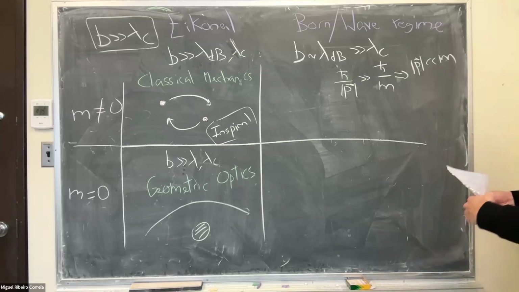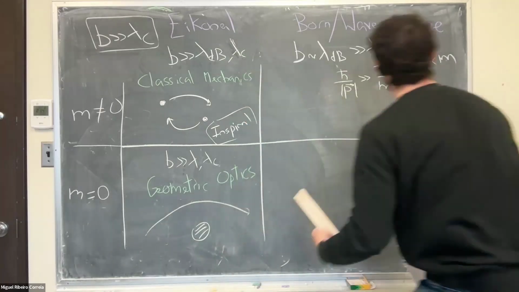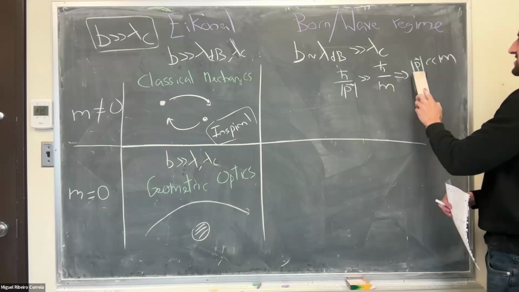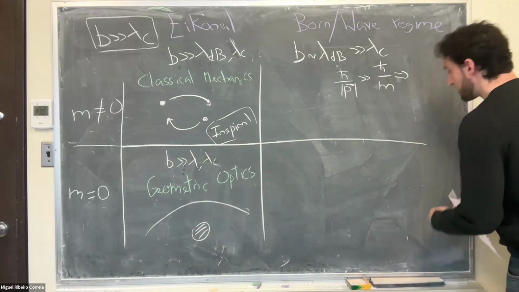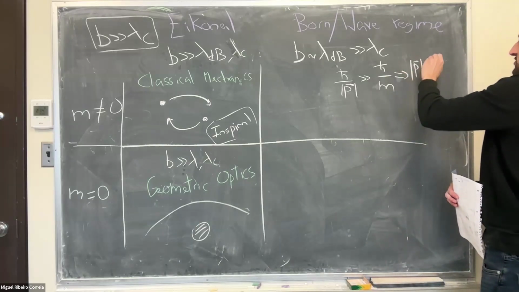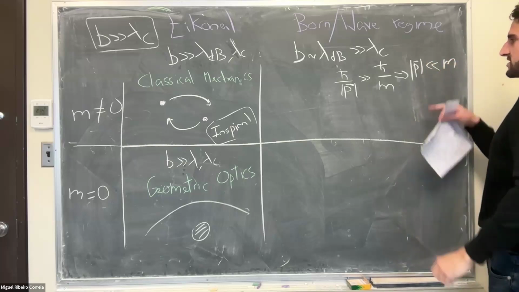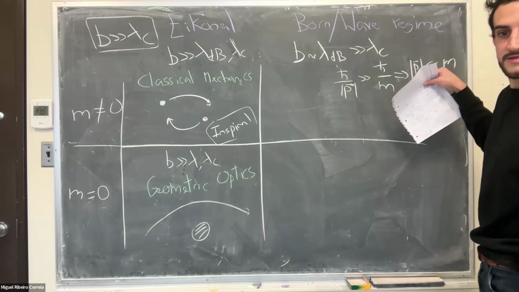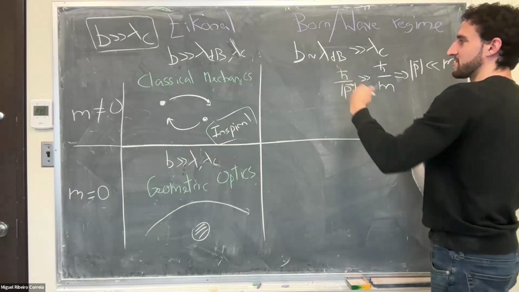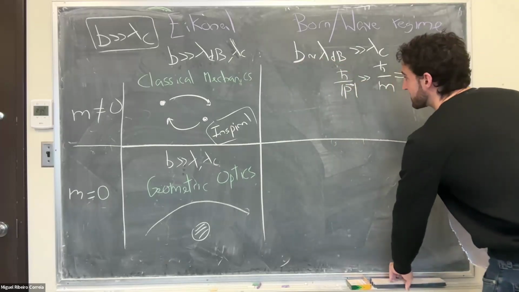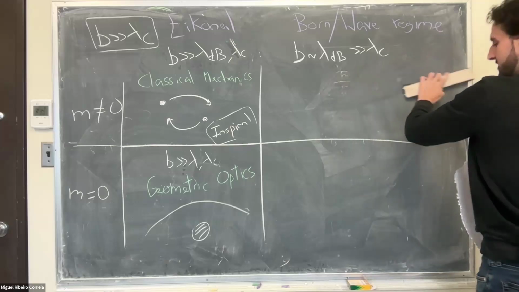Maybe I have to make it bigger. So this relation implies that the momentum is much smaller than the mass, which implies a non-relativistic regime. And the fact that b is of the same order as the de Broglie wavelength just means that you are going to end up in quantum mechanics.